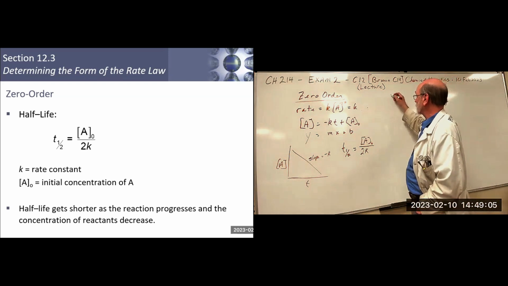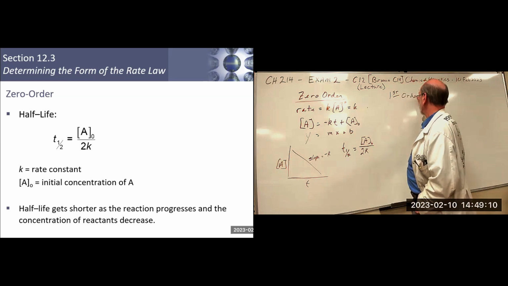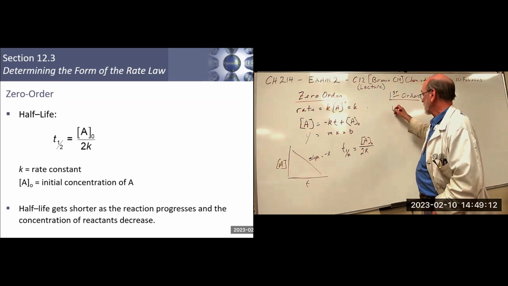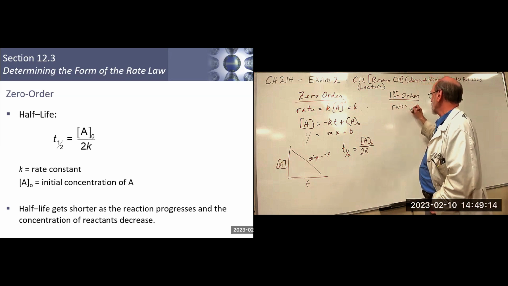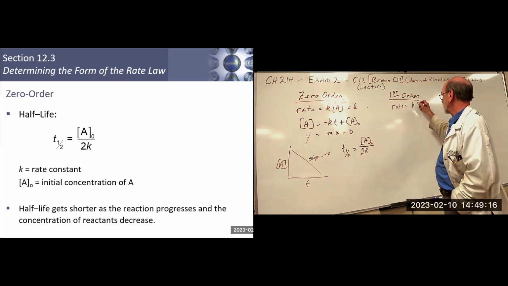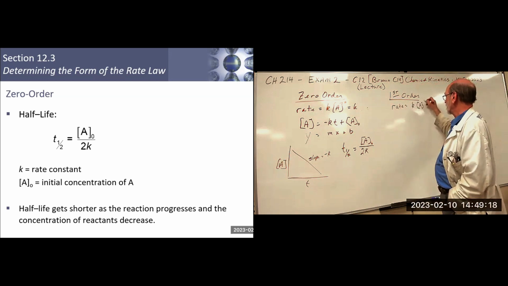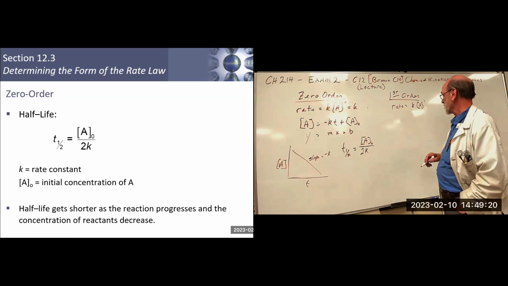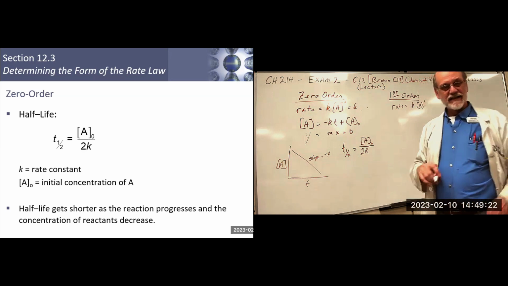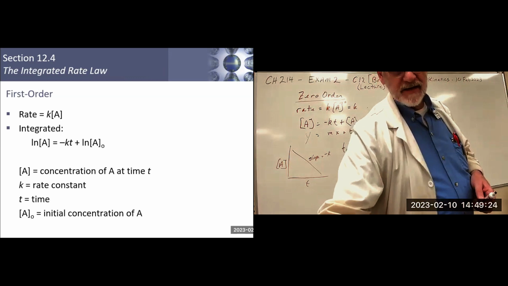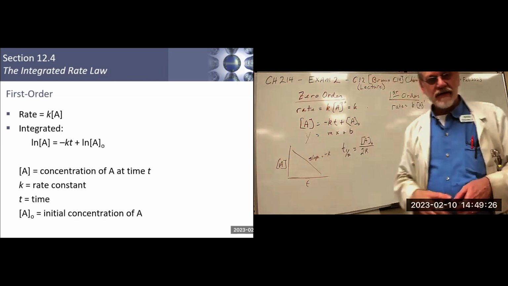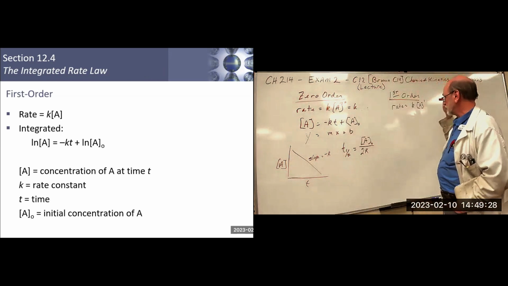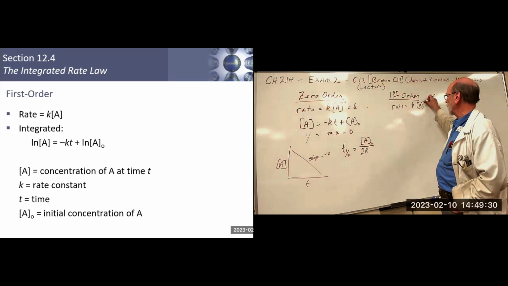So the next one we have is first order. And this is just what it says. The rate is equal to some K times A to the first order. And we usually don't write the one up there.